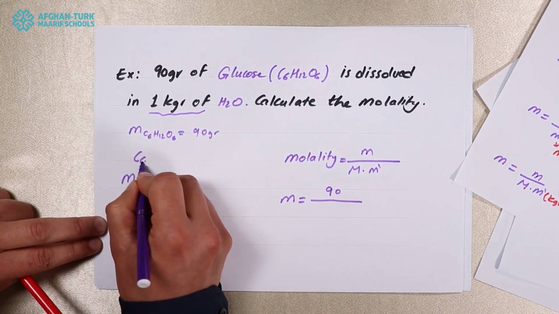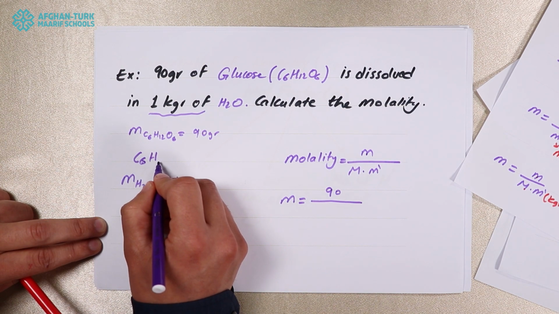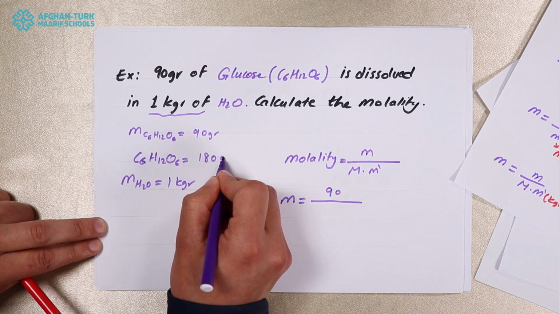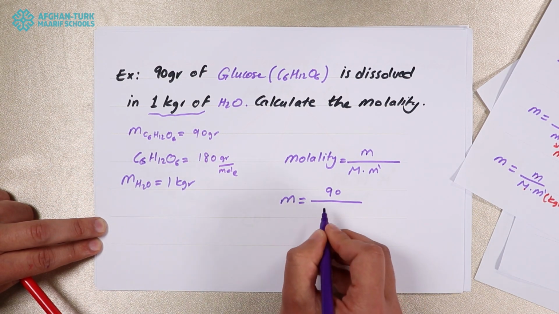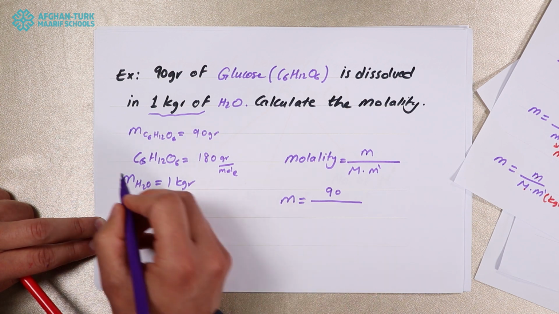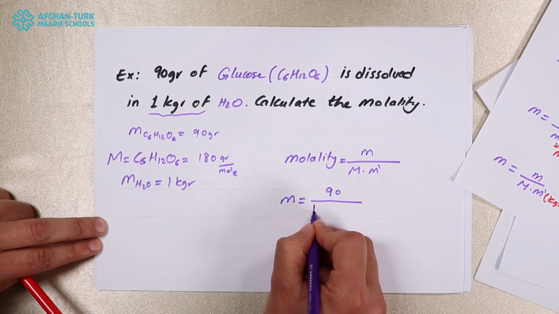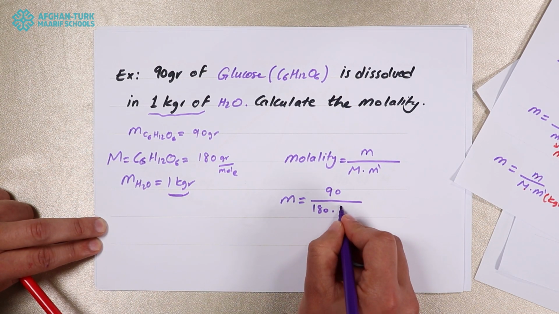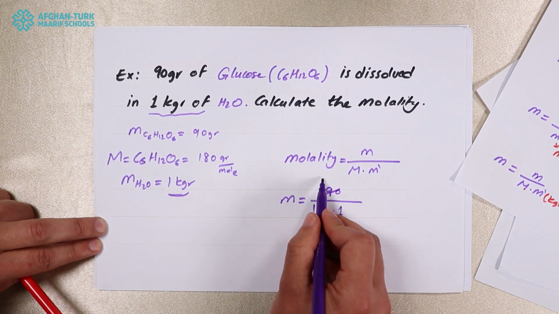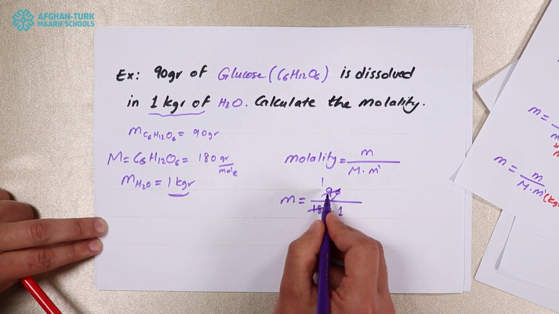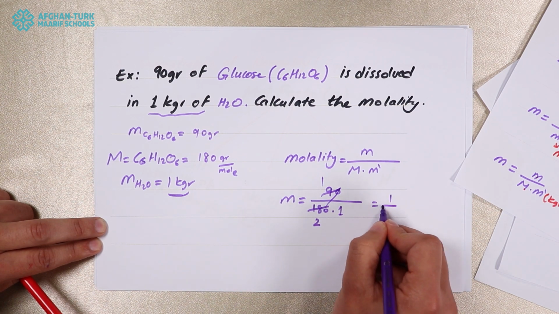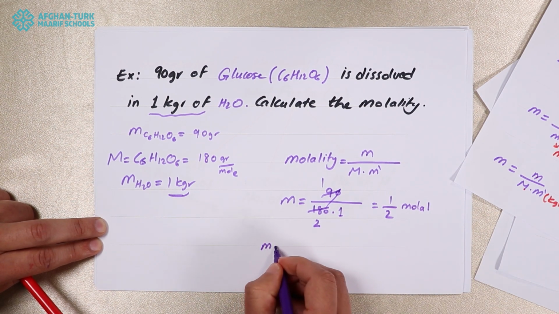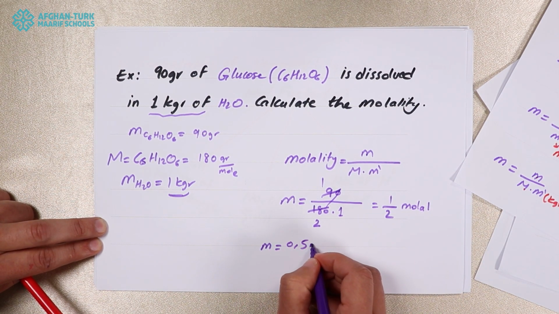As I found in the last session, the molar mass of glucose is 180 gram per mole. We put in 180 times m prime, which is 1 kilogram, as given. We can simplify it: 90 over 180 is 1 over 2 molal. 1 over 2 is 0.5 molal.